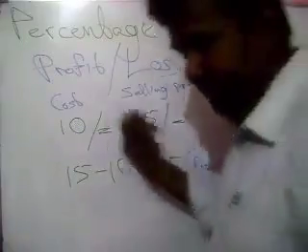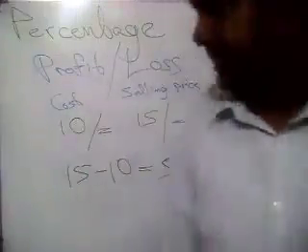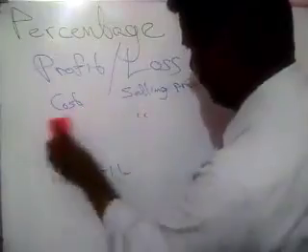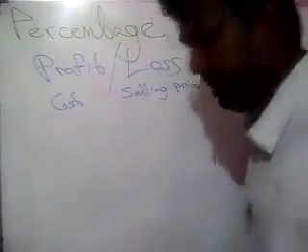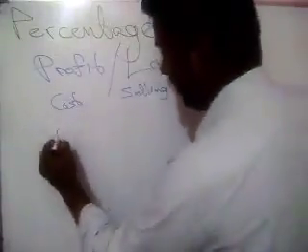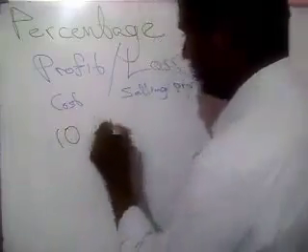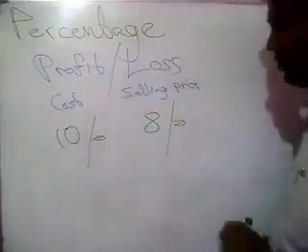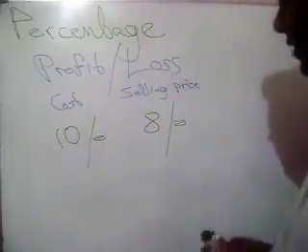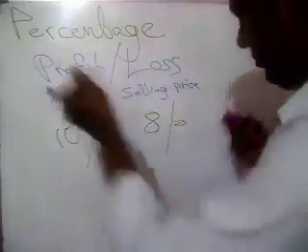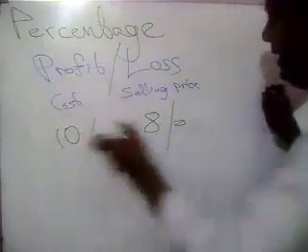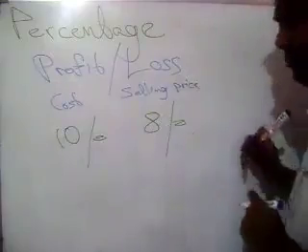So let's take another example. Let's say a good costs you 10 rupees, but you sold it at 8 rupees. So again, you can see, here the cost is higher than the selling price.